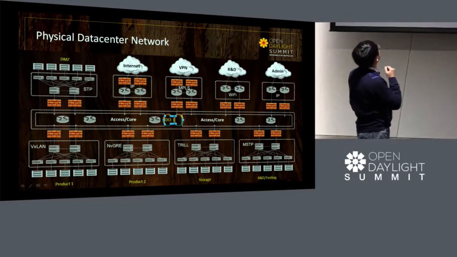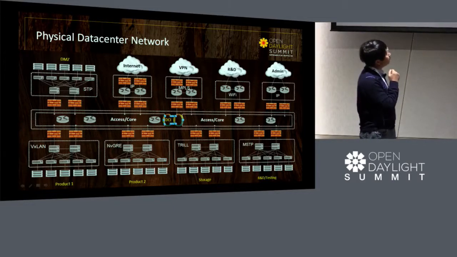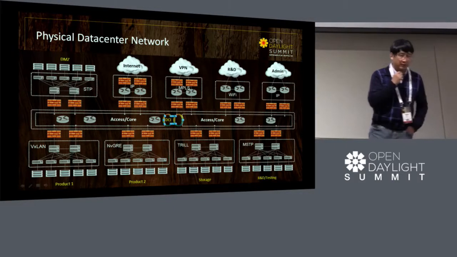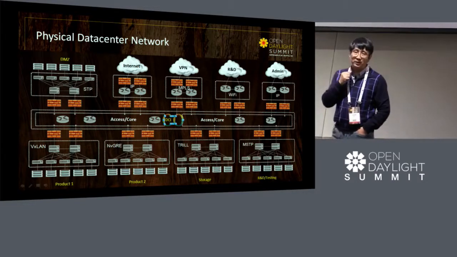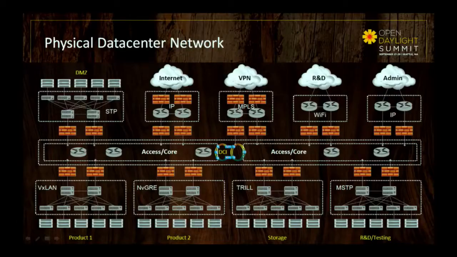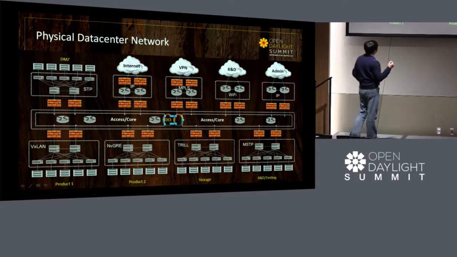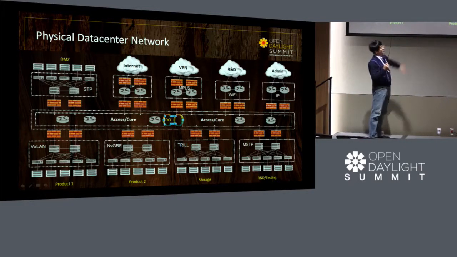This is a typical data center network. Because of historical reasons, customers build such a network. In this network, there are a lot of pods for a lot of reasons, for example, physical limitation and space limitation. So they build one pod by one pod.